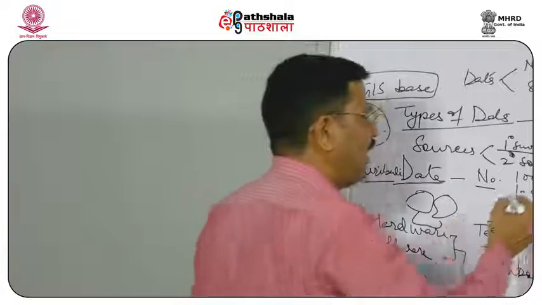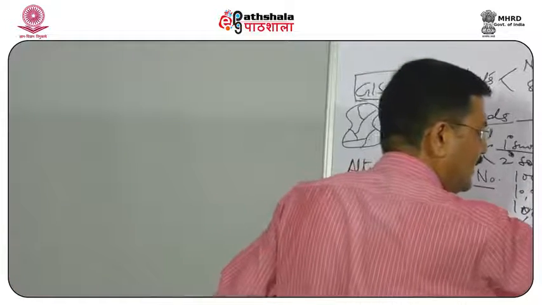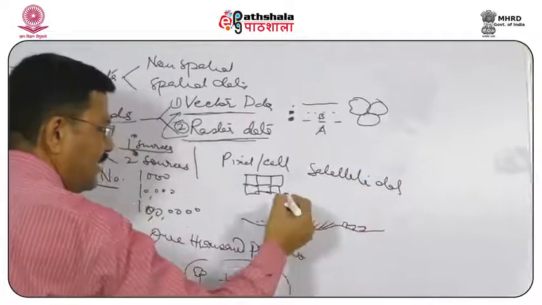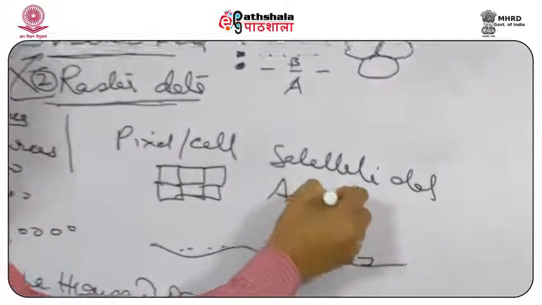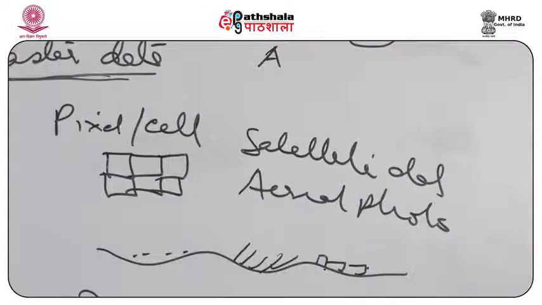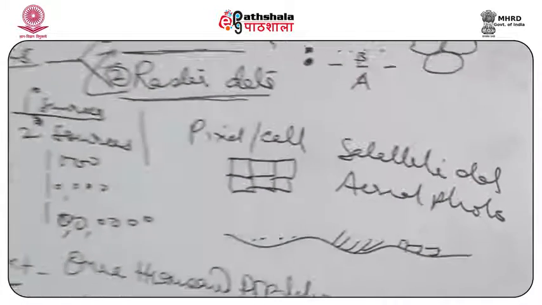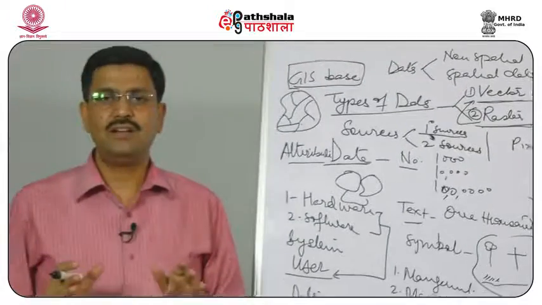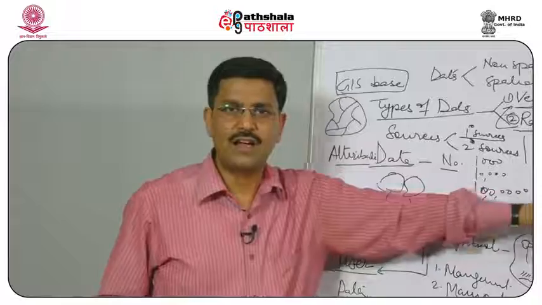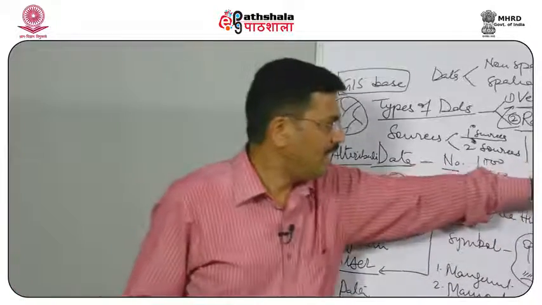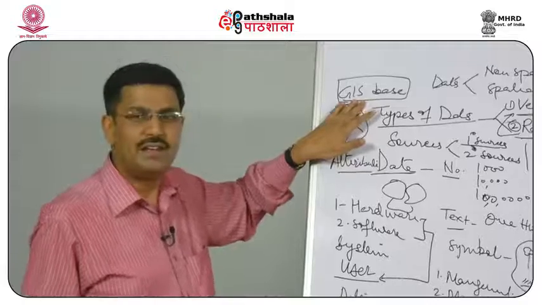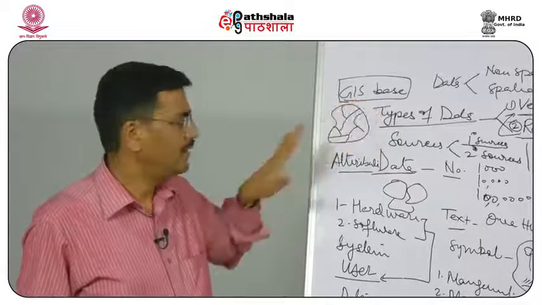Other spatial data sources are satellite data from various sensors and aerial photographs. We have special software for handling and analyzing satellite data or aerial photographs. After analyzing and handling in an image processing software, we also create a particular database.